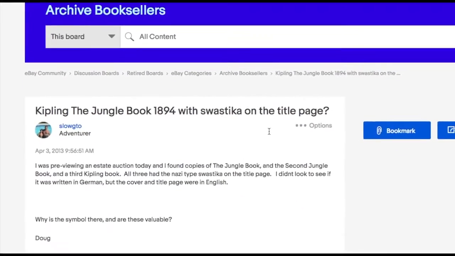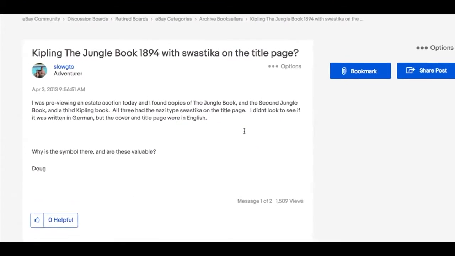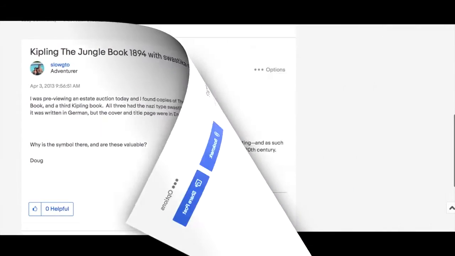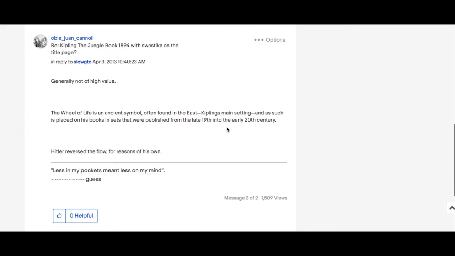4. Kipling's literary stamp. Many early works of British author Rudyard Kipling were adorned with the swastika symbol. He first began using the symbol on the dust jackets of his books in the late 19th century, most likely after he became familiar with it because of his father's passion for Indian artworks.